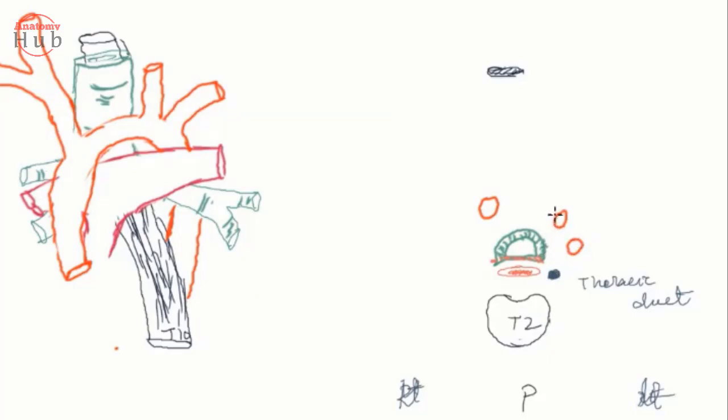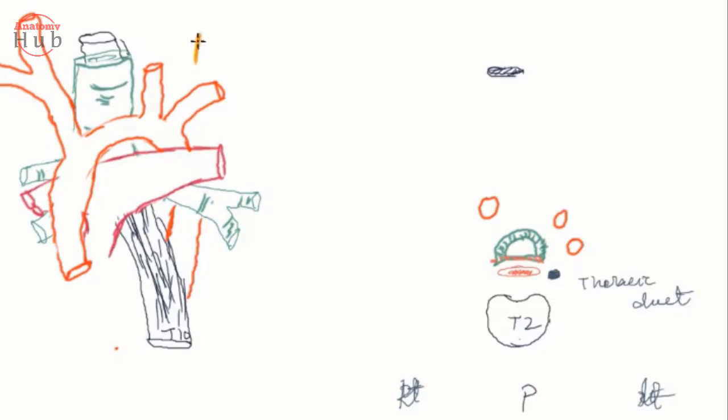Clear? Then just anterior to all these structures, we'll find another structure, that is the vein. But before going to the vein, we have to see the other structures present over here, that is the nerves. As I have already told you, at this point you will find the left vagus nerve.